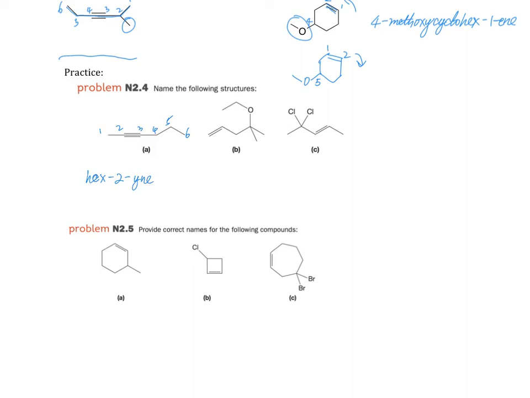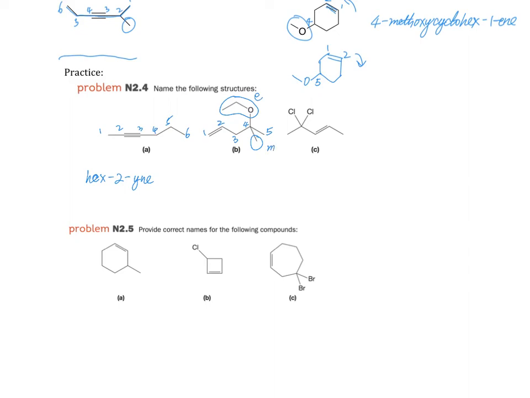Okay, for B, number the parent first. 1, 2, 3, 4, 5. So whenever you have an alkoxy, it's always a substituent. So this is going to be ethoxy, this is going to be methyl.